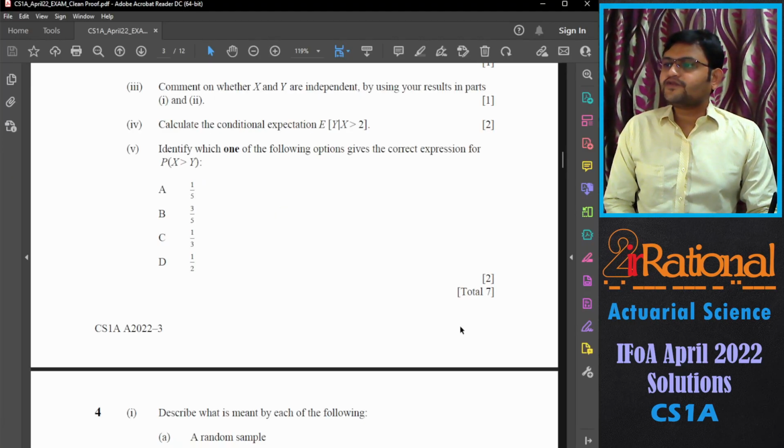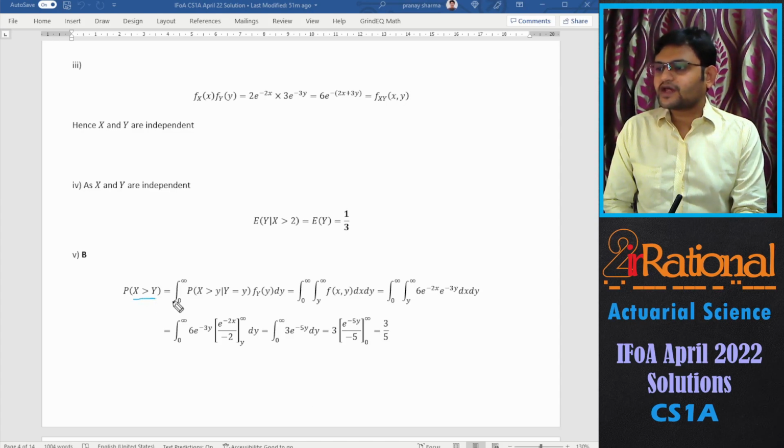Last part, identify which one of the following options gives the correct expression for probability x greater than y. Here we will have to take our conditional probabilities. So we'll say probability x greater than y must be such that I will take a specific value of y and integrate all such possible values.